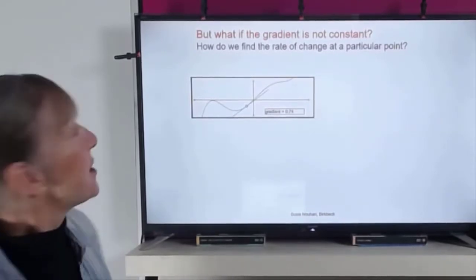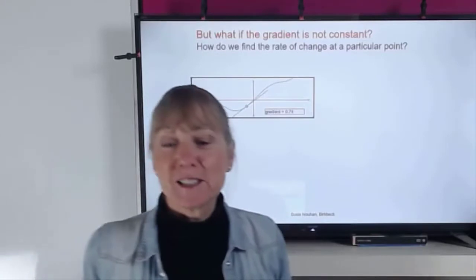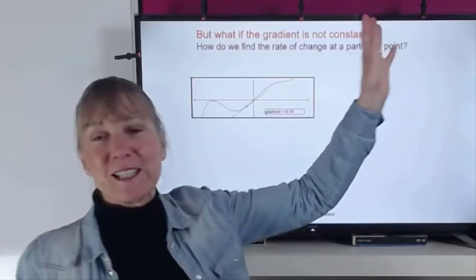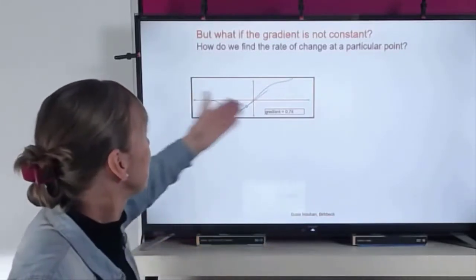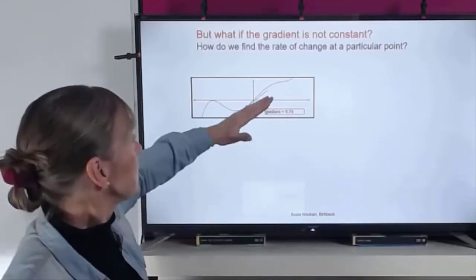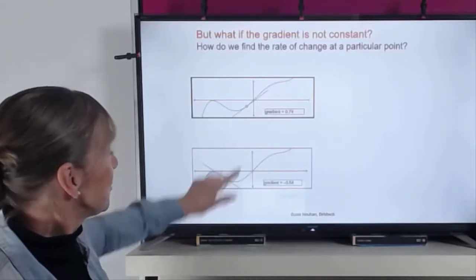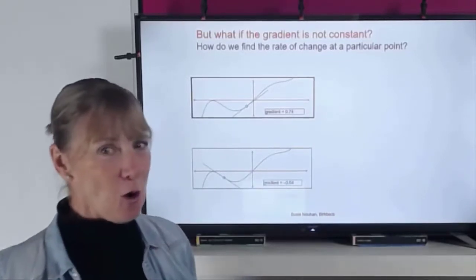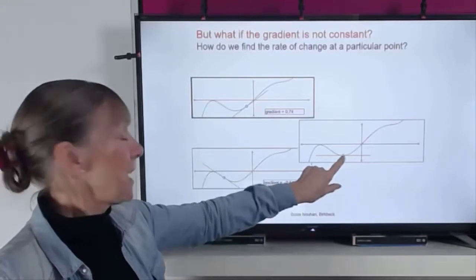And talking about gradients and curves, we've got very good at finding the gradient of a straight line function, but what do we do if the gradient is not constant, because we're looking at a curve? And here's some curves. Look, we see here the gradient is 0.74, it's positive, it's upward. Here the gradient is negative, all the same curve, but we look at different points and the gradient changes. This is not a straight line, obviously. Oh, look here, that's an interesting one. Actually, this is very interesting.